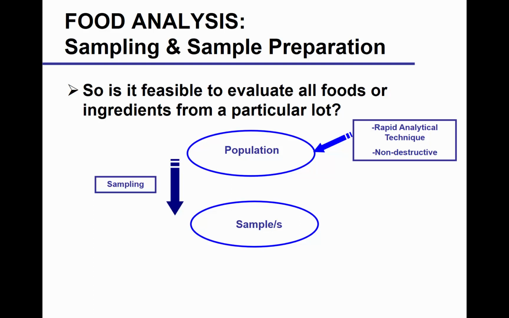Actually multiple samples. So sampling from the population is very important, and when you say sampling, you have to remember it should be representative of the population. Whatever the results of the analysis are, your decision is made on the whole population.